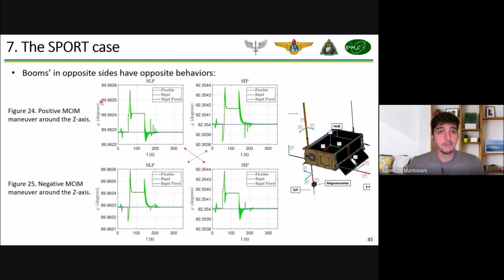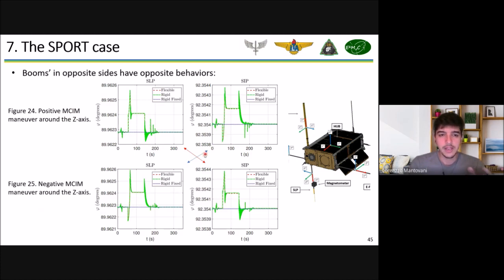Another thing is that booms on opposite sides have opposite behaviors. What I mean by that is the SIP and SLP are in opposite parts of the satellite. One is above and one is under. And when we apply a positive rotation around the z-axis, we expect one boom to increase its angular position and another boom to decrease its angular position. And that's what I'm showing you here. The SLP is increasing its angular position first, and the SIP is decreasing its angular position.